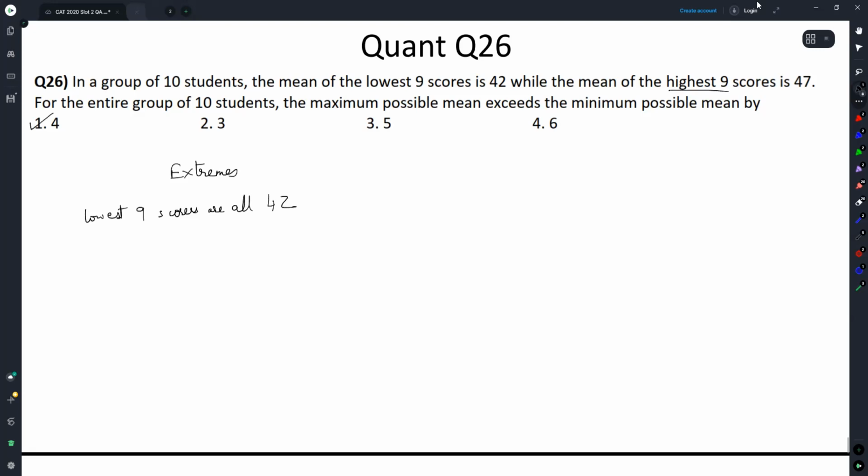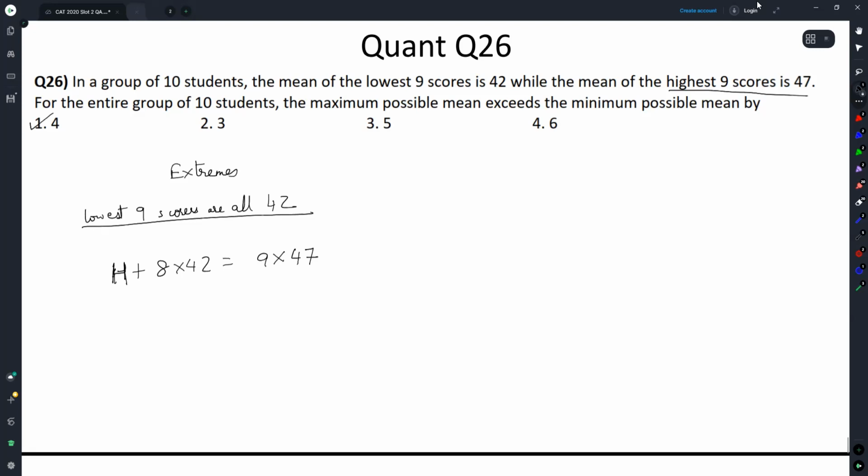And then the 9 highest scorers have an average of 47. So highest plus 8 into 42 is equal to 9 into 47. The lowest 9 scores are all 42. This is one case.